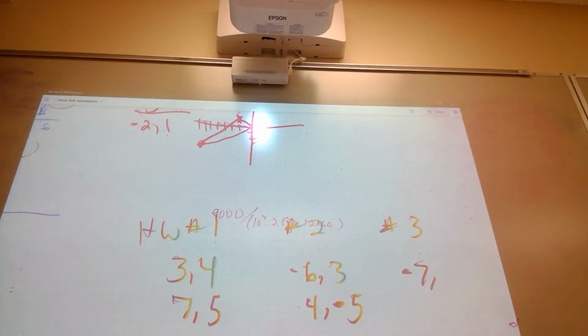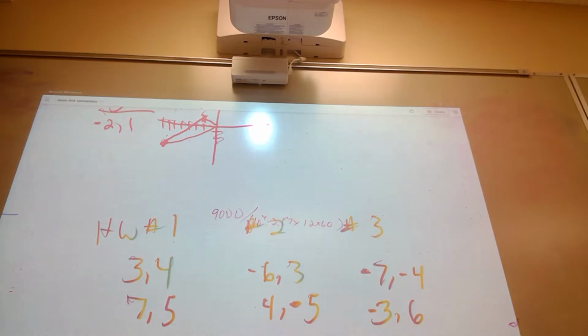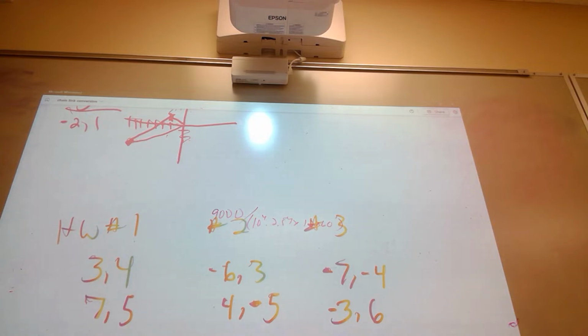Number 3, -7, -4. Which quadrant is that? Third. Okay, they're both negative. And then I'm going to do a -3, +6. Okay, so add those together first, and what you get should look like that.